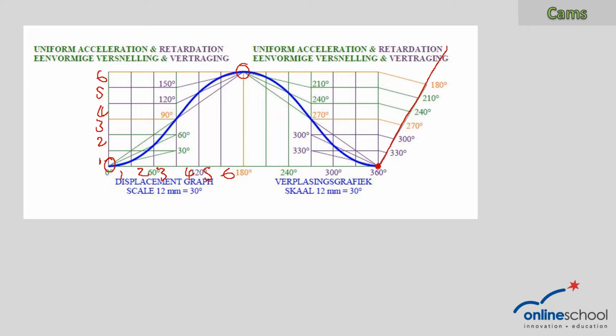Once you've done that, you can use either your compass or a ruler. I normally say just use 5 or 10 millimeters on a ruler and carefully measure off, or you can use your divider, those 6 segments that you need. So that's the first, second, third, fourth, fifth and 6th segment.